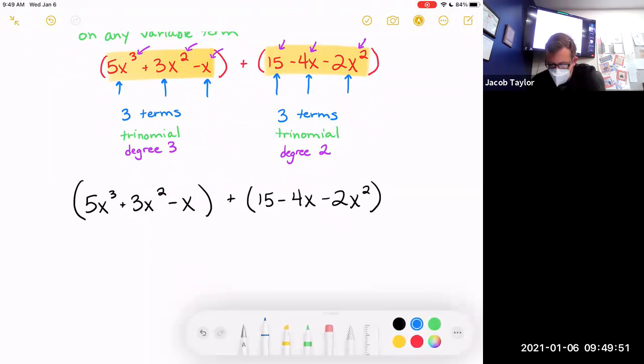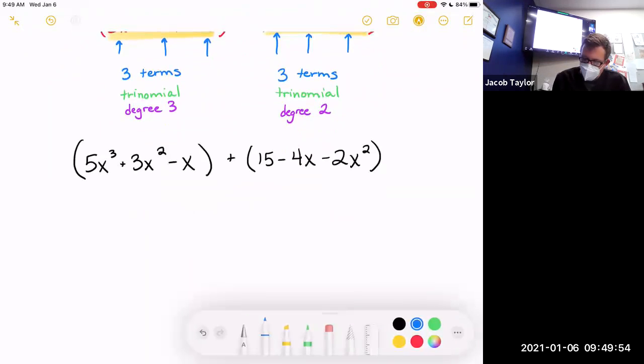So here's how we're going to add polynomials. There's a few steps that I want you to write down.